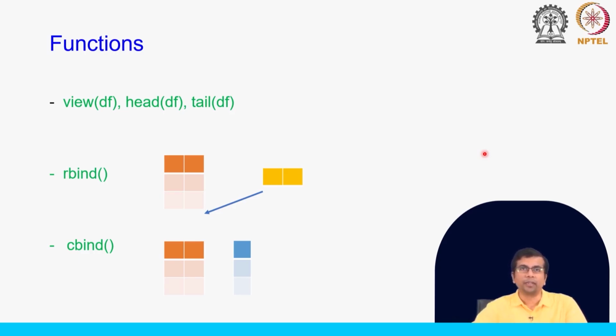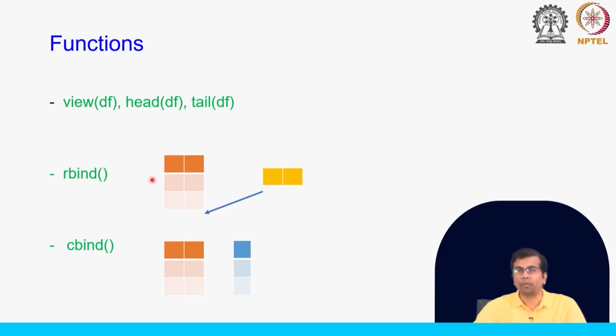Okay, and then there are 2 other functions which we have not talked about before in case of matrix. One function is called rbind. Imagine this example here where we have this data frame with 2 columns and 3 rows.